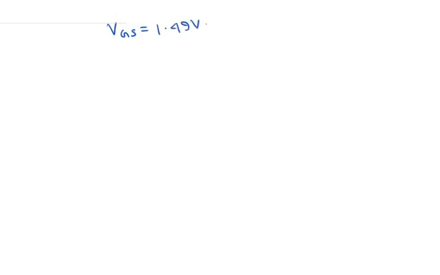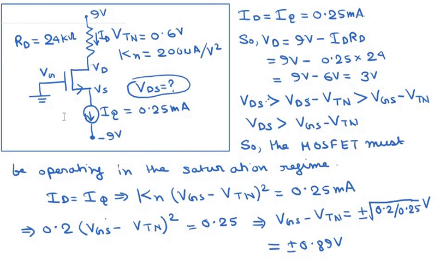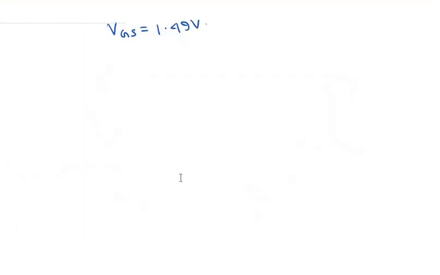Now note that in this problem the gate is grounded. So VGS is equal to VG minus VS. Now VG is 0 because the gate is grounded. So this is equal to minus VS, and VGS is equal to 1.49 volts.